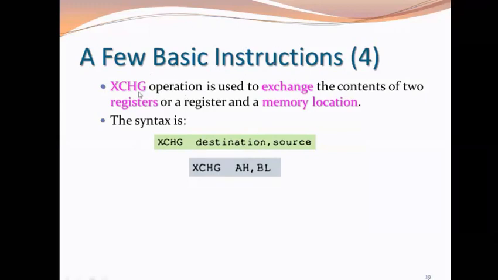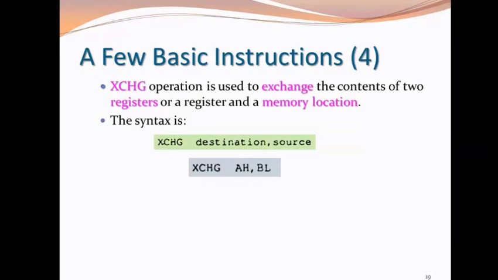Still we are going to see the exchange. As I said, exchange means what? You are going to swap. The A will go to the B and B will come to the A. Does it make sense? Yes. The general meaning of the exchange. It is not like a move. In move you are transferring, but you are doing the copy, right?